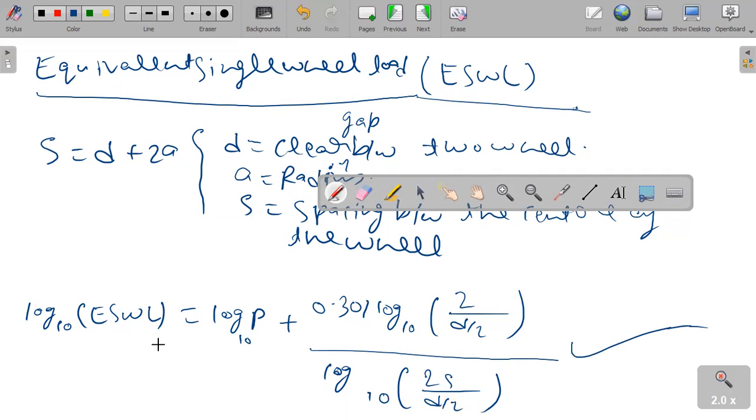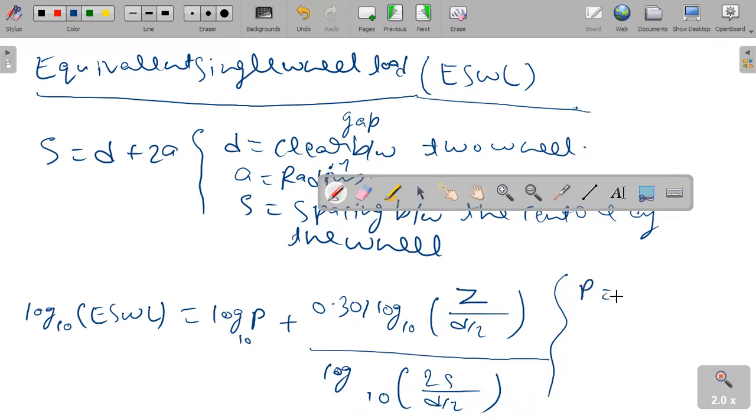Basically we have this formula of equivalent single wheel load, but we'll discuss it from graphs for better understanding. Remember this formula, this will also help you, but before that, here it is not 2, it is z.